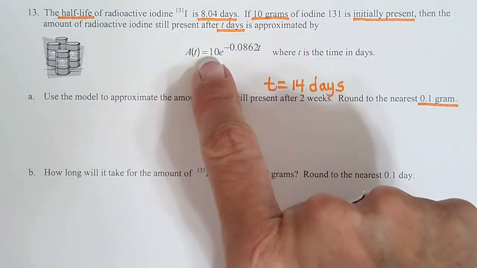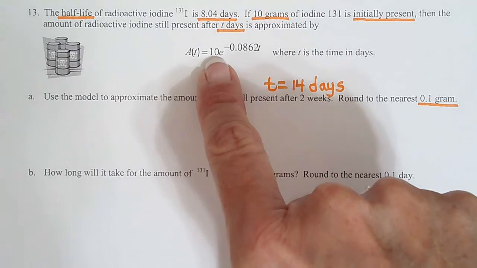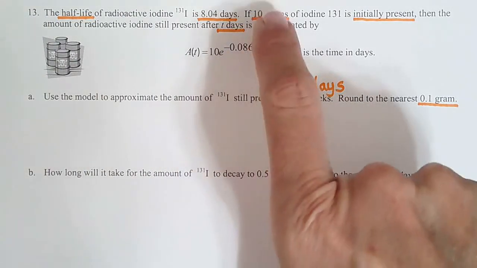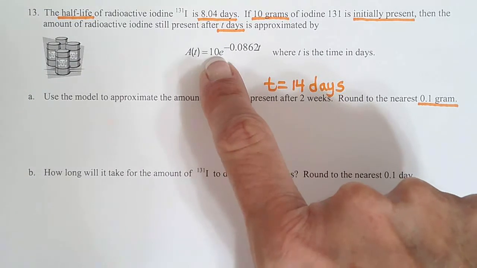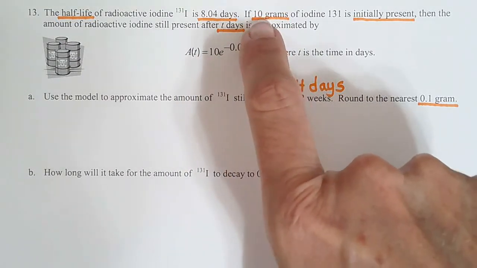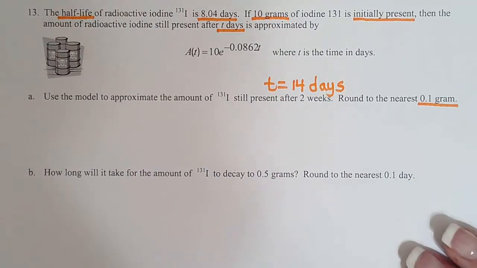So 10 is the amount initially present. In the next class, you have to put that 10 in there. Now they're putting it in for us, but the initial amount is always right there before the exponential part. So there's no coincidence that this is 10 and that's 10. That's where the initial amount goes.